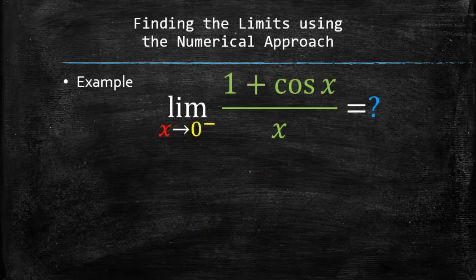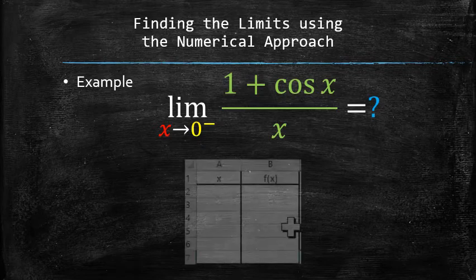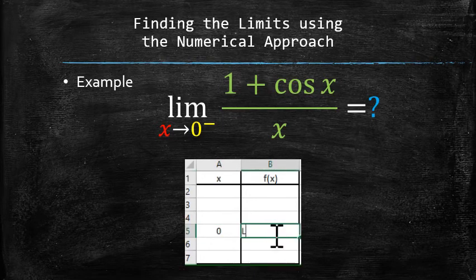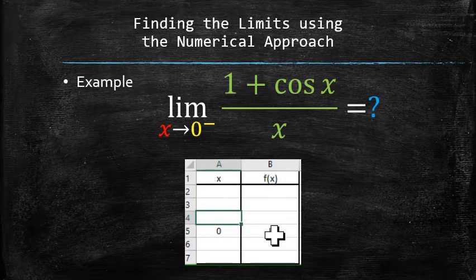Consider another example with a similar problem, and let's use Excel again. To find this one-sided limit, first we're going to create a sequence of inputs approaching 0 from the left. And I will use the examples from the PowerPoint as a guideline.